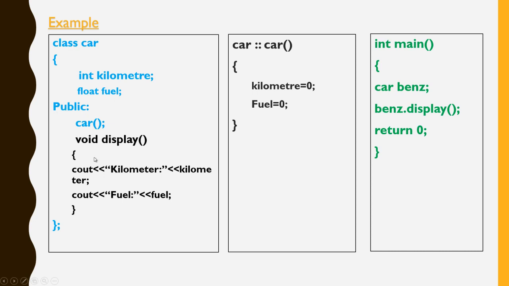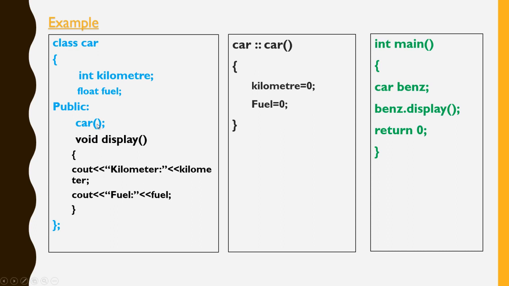And in the public part we have two functions. One is void display and one is car. This car function does not have any return type. This name is similar to the class name. So this is the constructor of this class.